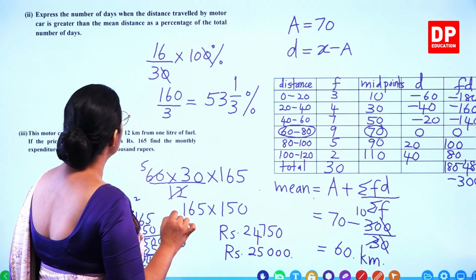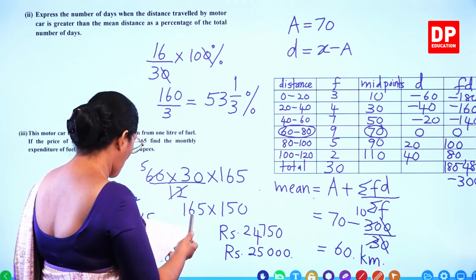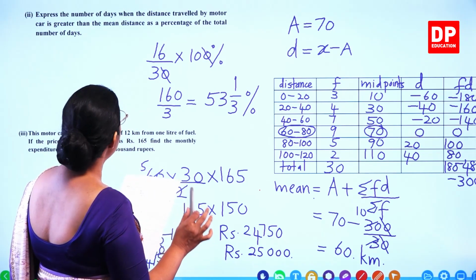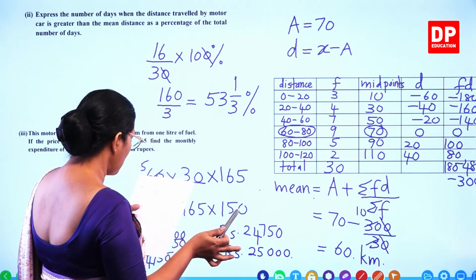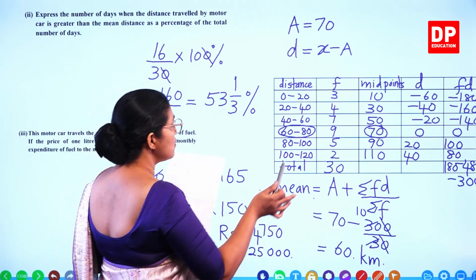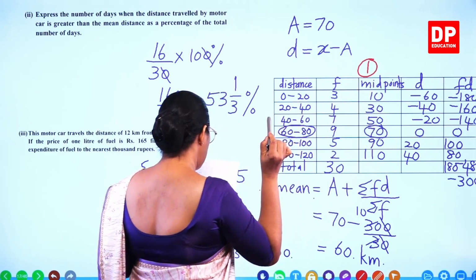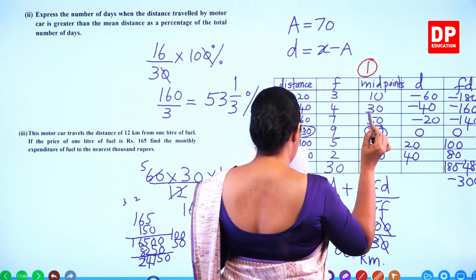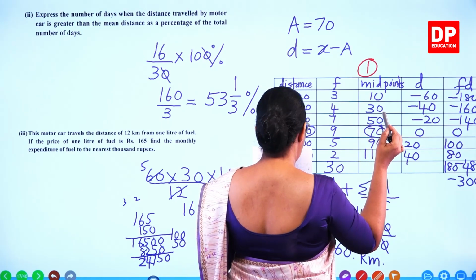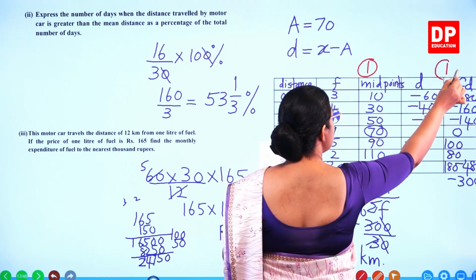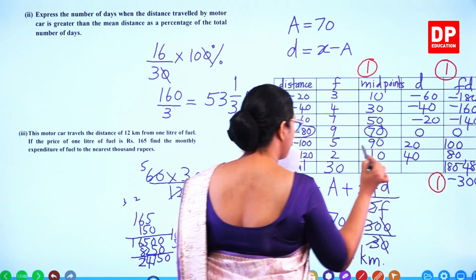So let's give marks for this one. So here, finding the mean value: calculating FD 1 mark, and taking the total 1 mark.